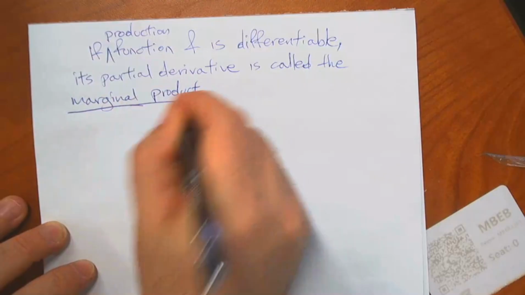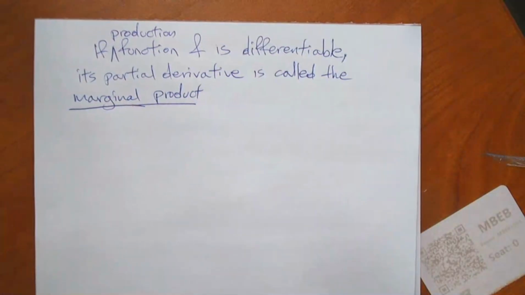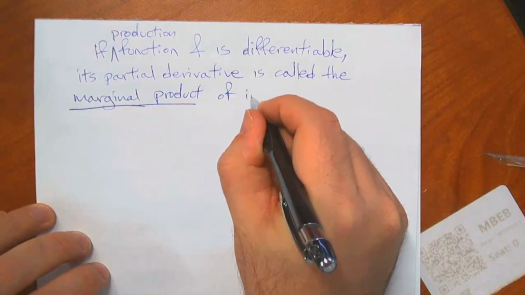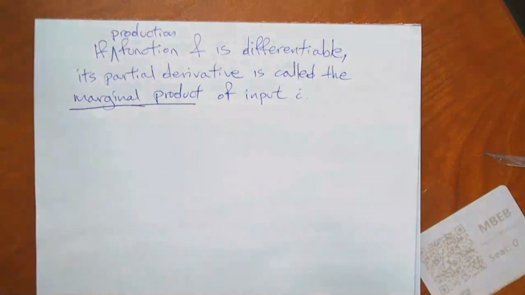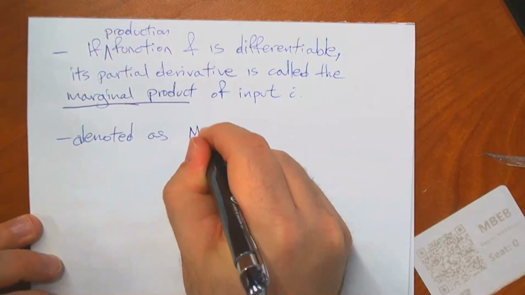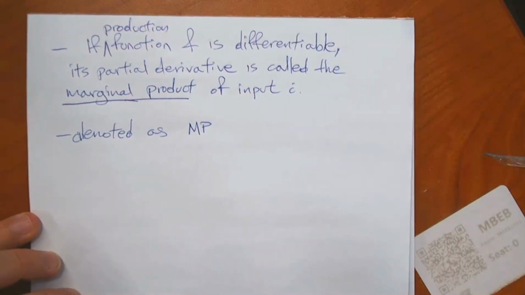That's a very important concept in economics. And it's the marginal product of input i. So generally, we're going to talk about inputs 1, 2, 3, 4, 5, n. If you differentiate that f function with respect to one of these xi's, you get what we call the marginal product. This is denoted as P, the marginal product of input i.